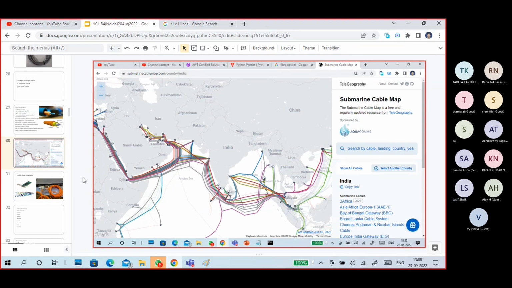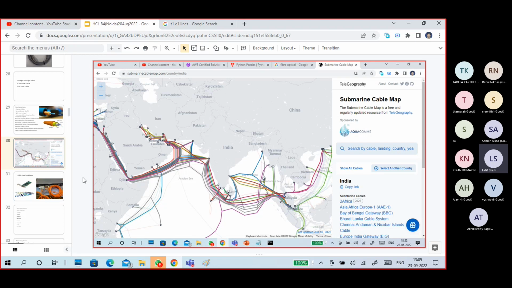A lot of people think we are getting internet through satellites. No, guys, internet through satellite is very little, and that too only for specific organizations. Unless Elon Musk gives us a solution, we may get high-speed internet through satellites in the future.